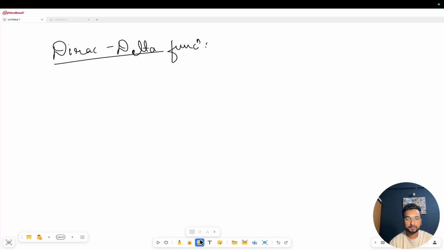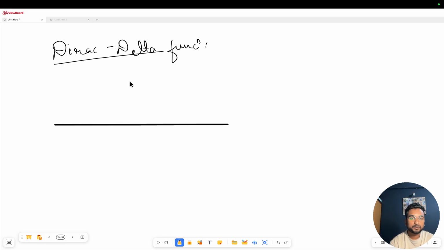Okay, if I have this axis, at x equals to 0, it will have an infinitesimally thin and infinitely long peak. Okay, so it will be something like this.